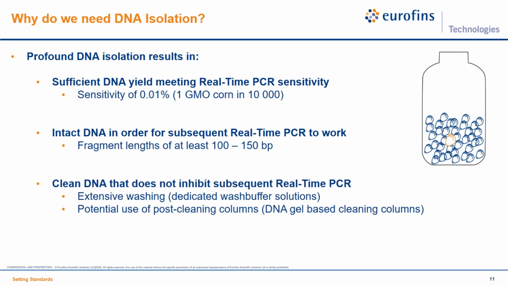Furthermore, the DNA needs to be clean, because imagine with all these different matrices, there are also a lot of inhibitors that do come with that process that we do need to get rid of, because they will influence also the subsequent real-time PCR step. How we do it? Differently with different chemistry, but mainly also using extensive washings with dedicated washing buffers, and also providing a potential use of post-cleaning columns that can be used on the DNA eluate in order to clean it in case some inhibitors are still present.